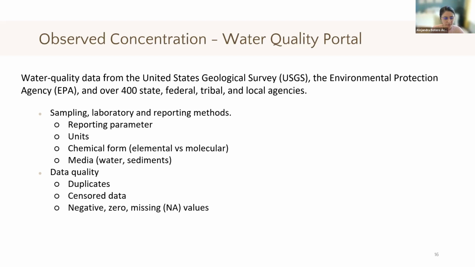So sometimes we have different reporting parameters that actually refer to the same one, different units, chemical forms, or different media. And regarding data quality, we'll also find duplicate records, censored data, meaning that is left censored when it's below the detection limit, or right censored if it's above the calibration limit of the tool that they are using. There can be also negative, 0, or missing data in our time series.